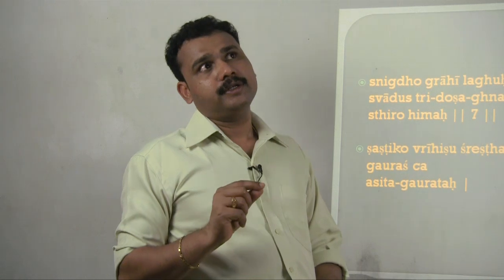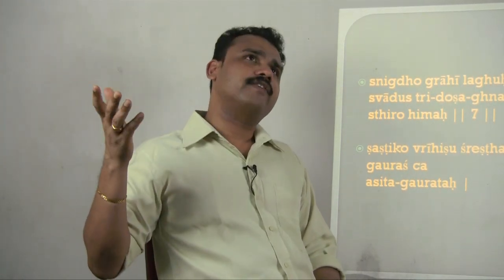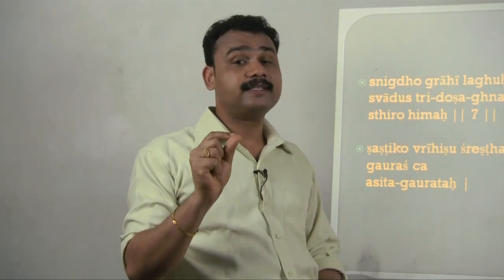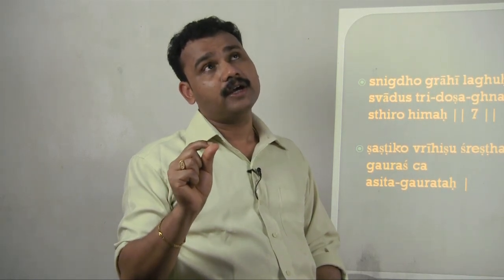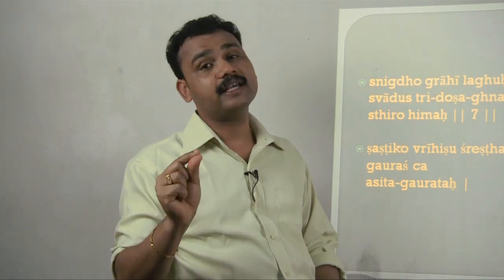It is also important to tell that there is another reference, from some other science, which defines shali as white grains and vrihi as red grains.